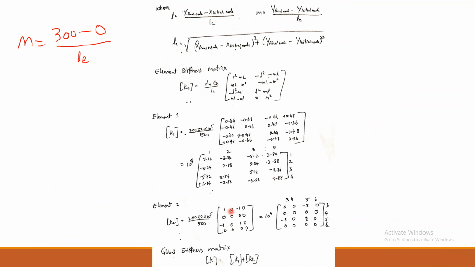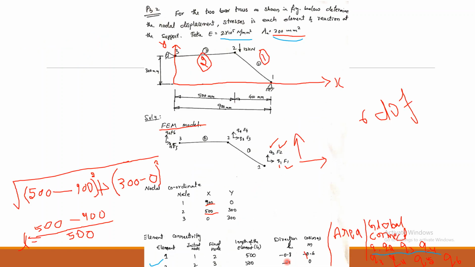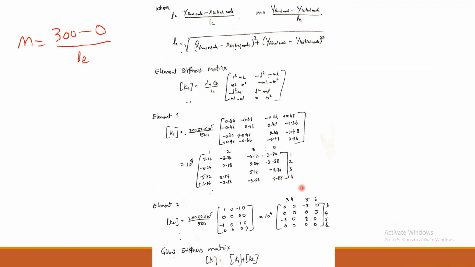Minus 1 square, since M is 0, those terms will be 0, and here it is minus of 1. So only the terms related to L will be there, because L is minus 1. Thereafter just simplify the external AE by L terms and multiply the numbers into the coefficients of the matrix.